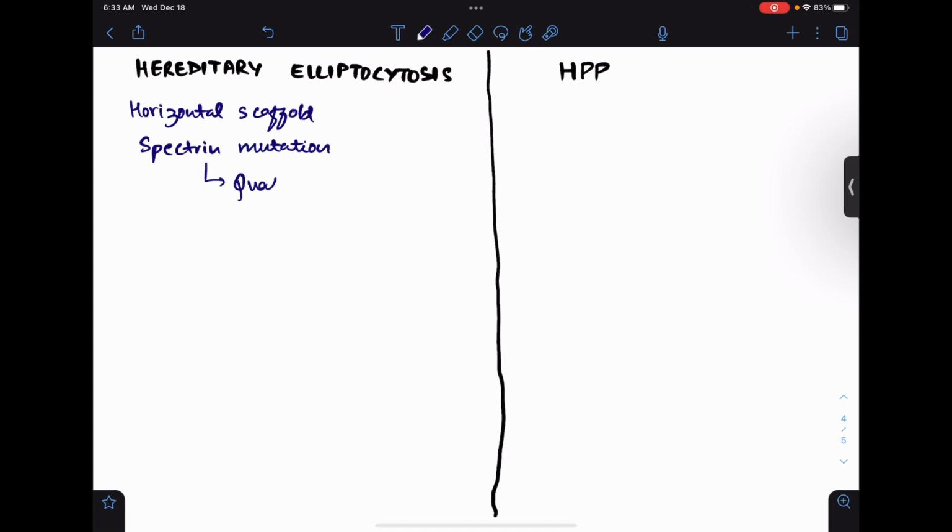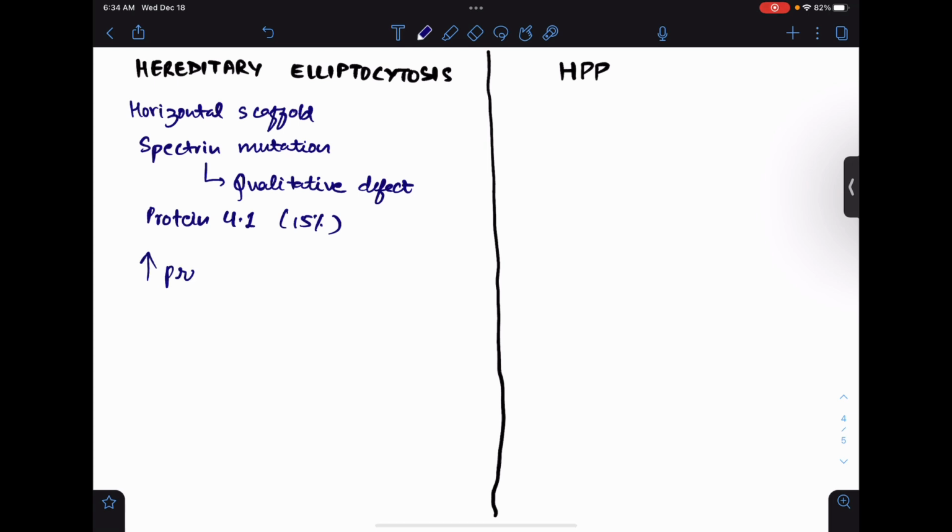So mutations in spectrin, which cause a qualitative defect. Some cases are also due to mutation in protein 4.1.